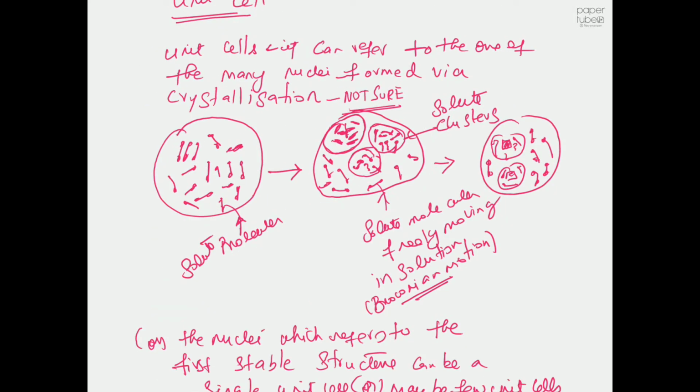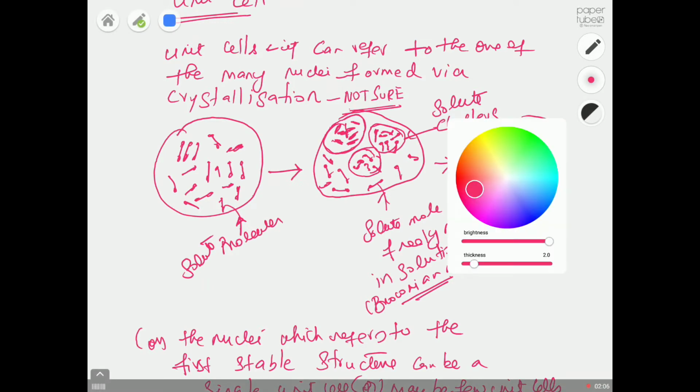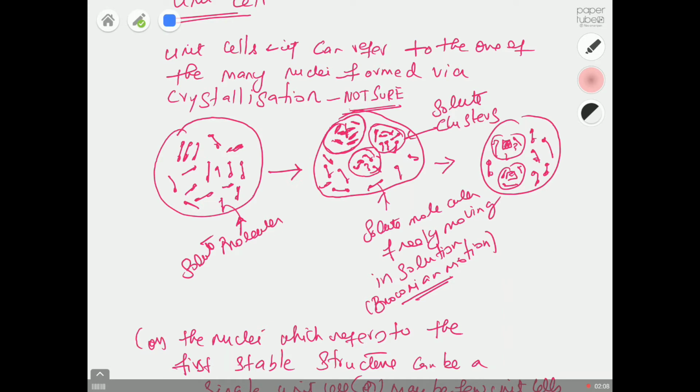I have a diagram here. These are your solute molecules. Just assume this is your supersaturated solution, and they all like to come together. They randomly come together, something like here.